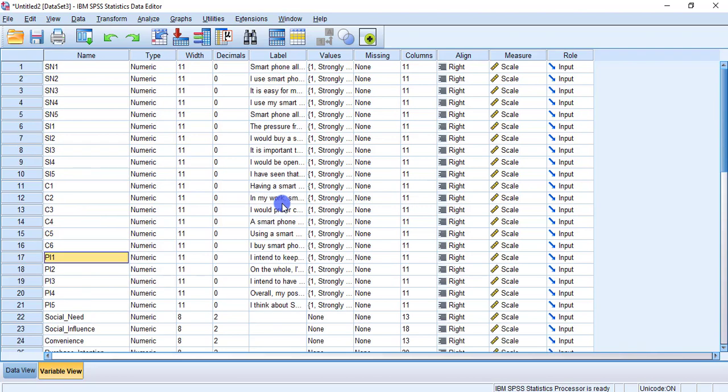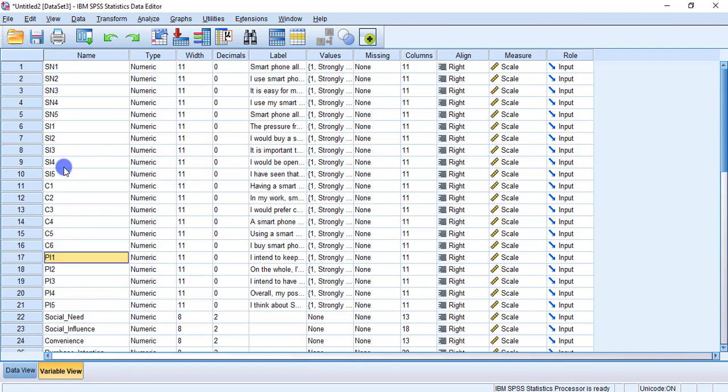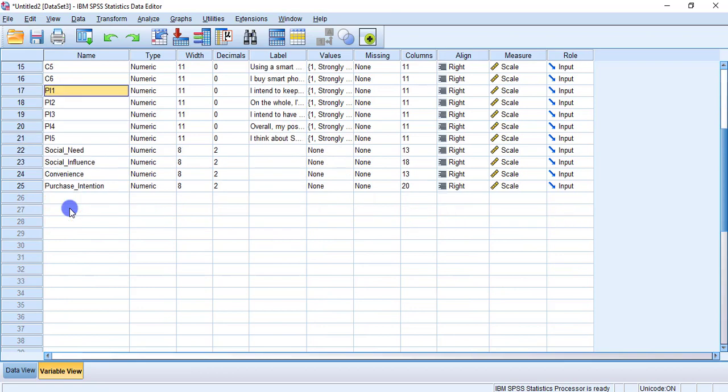This is the data file I'm going to use. As mentioned in the conceptual framework, I have 4 variables: social need, social influence, convenience, and purchase intention. Based on validity and accuracy, I have constructed the variables and made each into one composite index.